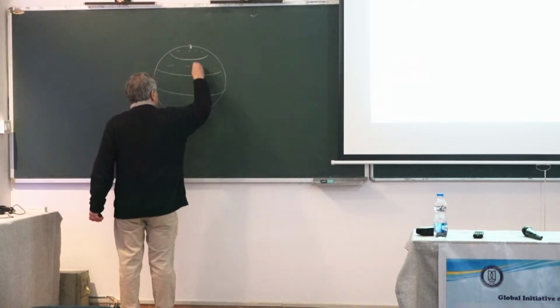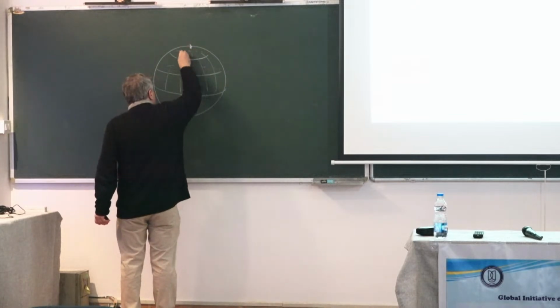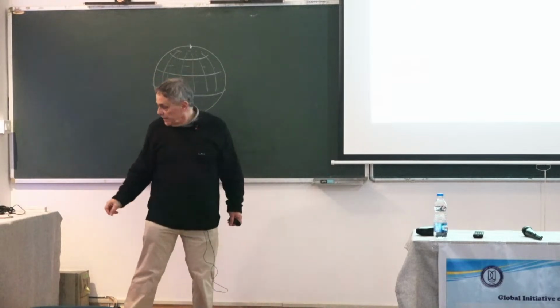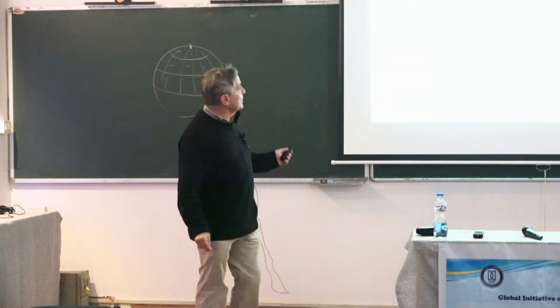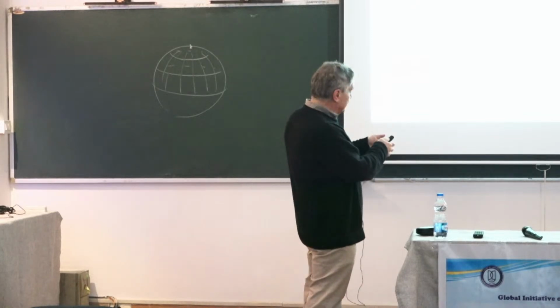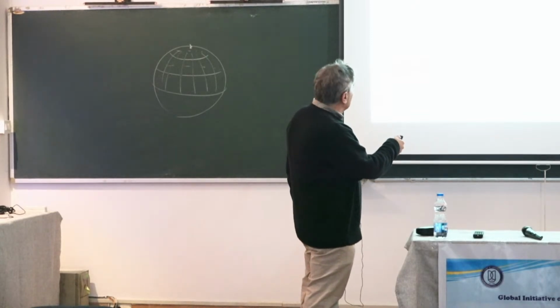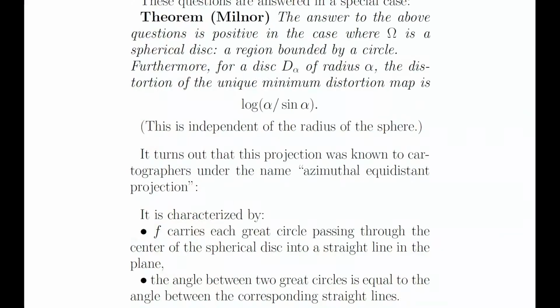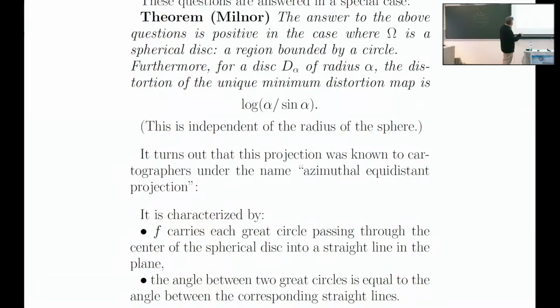In the case where the map concerns a spherical disk, then the answer is positive. So he gives a formula for the minimum distortion in terms of the diameter of the disk, or the radius alpha of the disk, the spherical radius. And this is independent of the radius of the sphere.